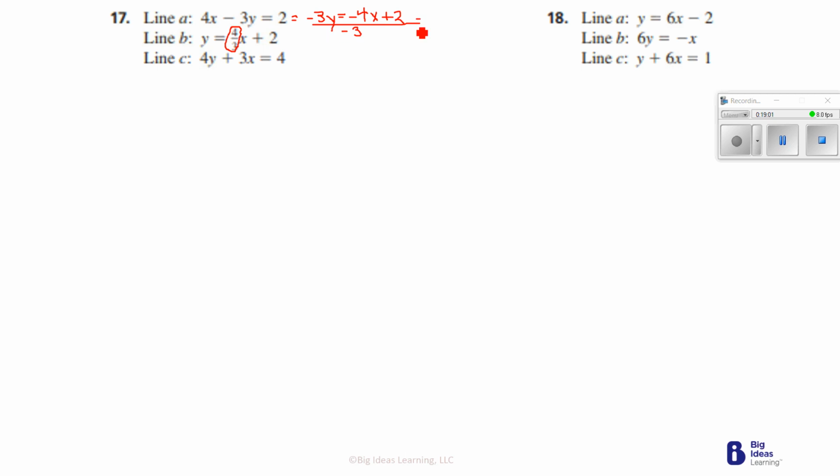This would give me y equals 4 over 3x and then -2 over 3. And my slope is 4 over 3. All right? And notice we had 4 over 3 over here. So we know that A and B are going to be parallel.